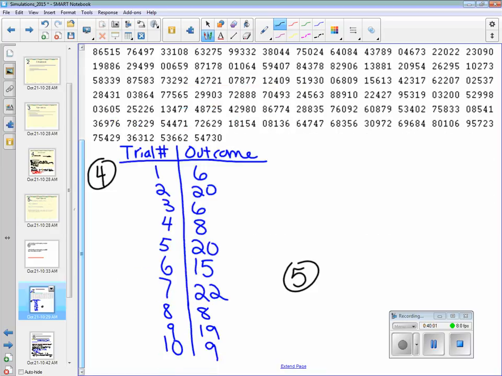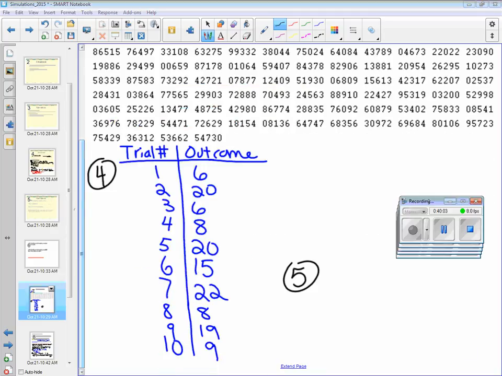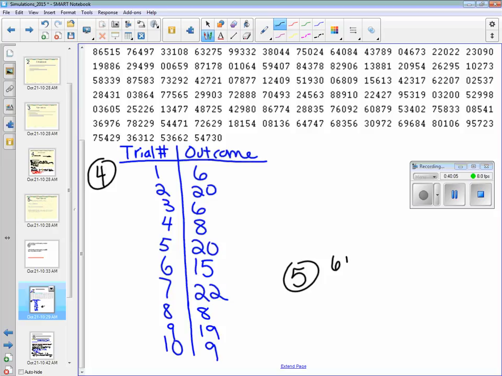So we're going to say the average, and you're going to say 6 plus 20 plus 6 plus 8, all divided by the number. We're just averaging them, right? Plus 20 plus 15, dot, dot, dot. Just show me the work. And the average was, it should be what?